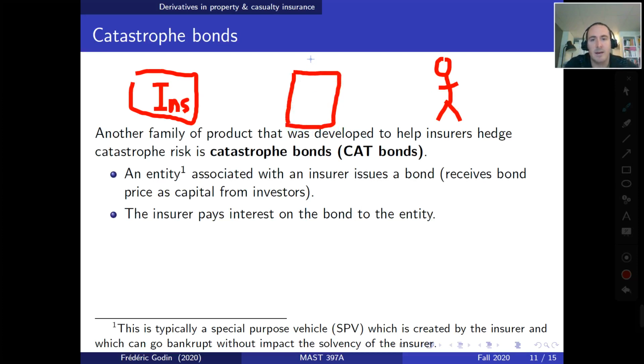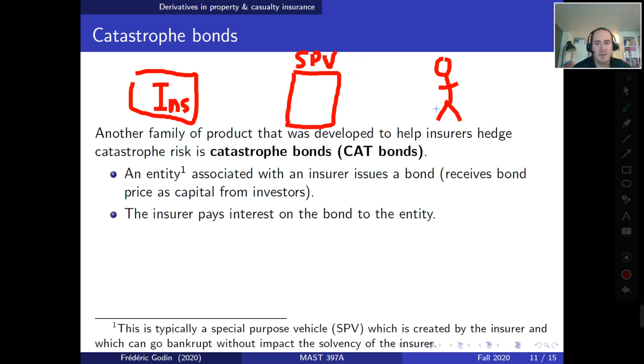Often it's called a special purpose vehicle, SPV. So why is there a separate company that is created? It's because if that company goes bankrupt, it would not cause the bankruptcy of the insurer. You don't want insurers to go bankrupt if something goes wrong. This is why these special purpose vehicles are created.